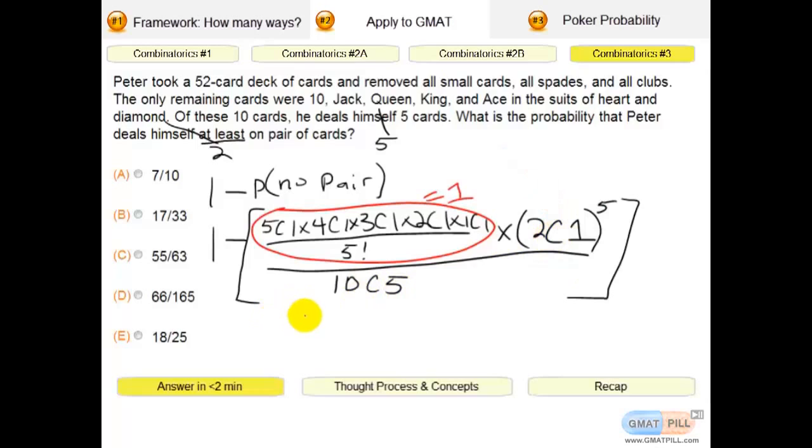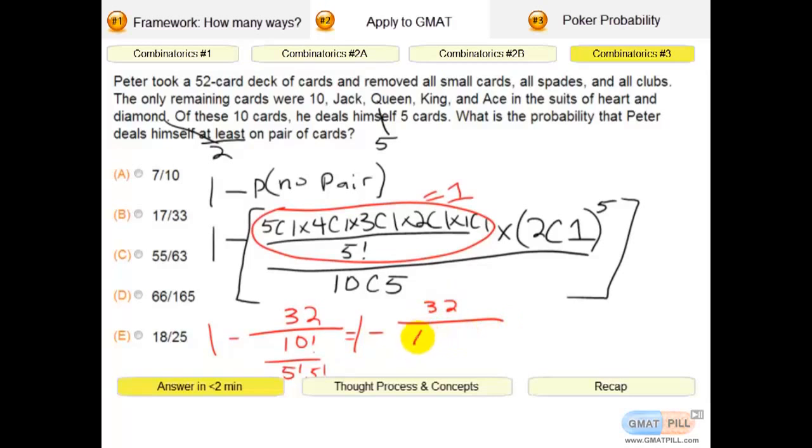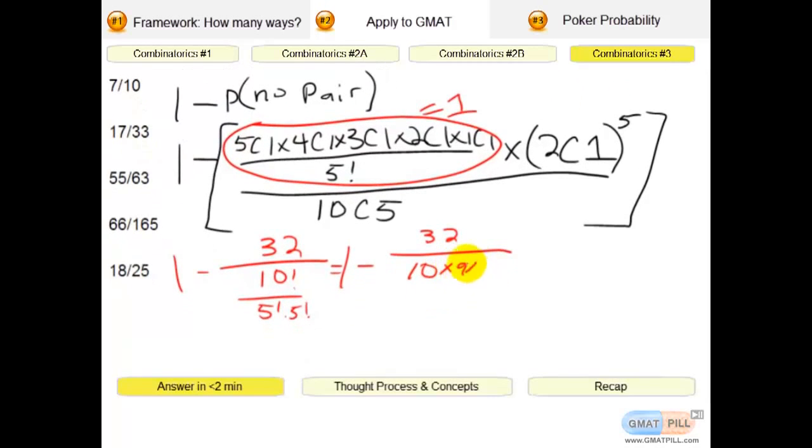2 choose 1 is simply 2, and to the 5th power, that's 32. And then you divide that by 10 choose 5. So this is all 1 minus. So that equals 1 minus 32 over 10 times 9 times 8 times 7 times 6 over 5 times 4 times 3 times 2.